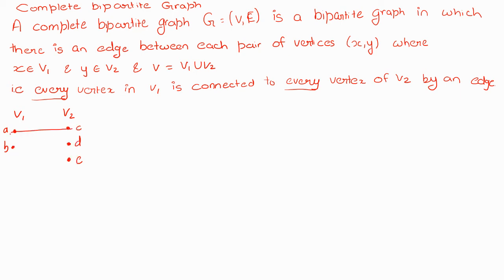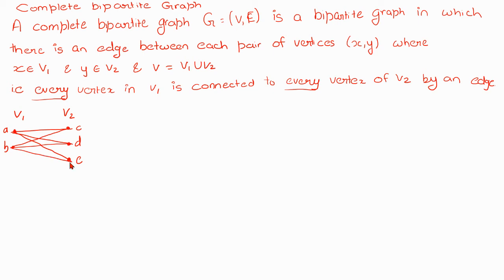A is connected to C, A is connected to D, and A is connected to E. Again, another vertex in V1: B is connected to C, B is connected to D, and B is connected to E.